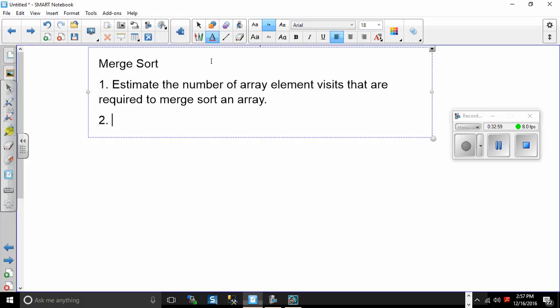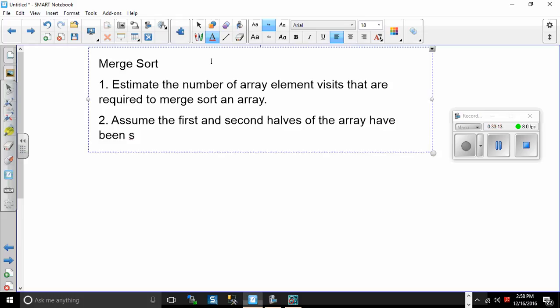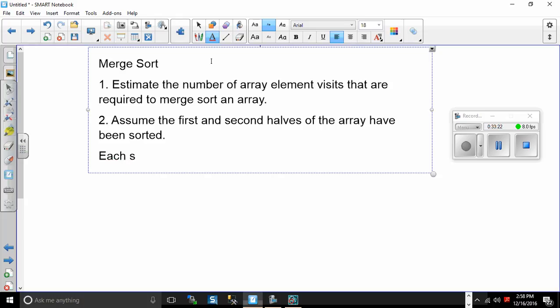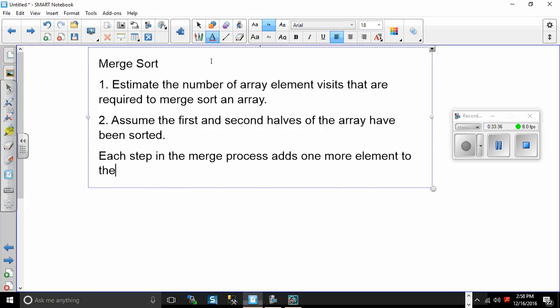Assume the first and second halves of the array have been sorted. Right? Each step in the merge process adds one more element to the final sorted array.